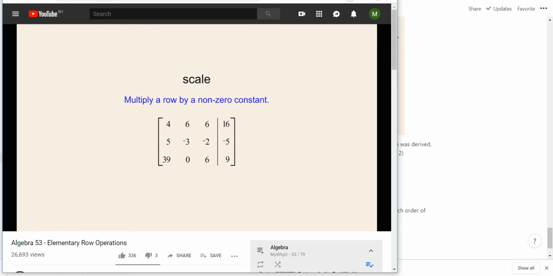The second type of elementary row operation is the scale operation. This operation allows us to multiply any row of the augmented matrix by a non-zero constant.